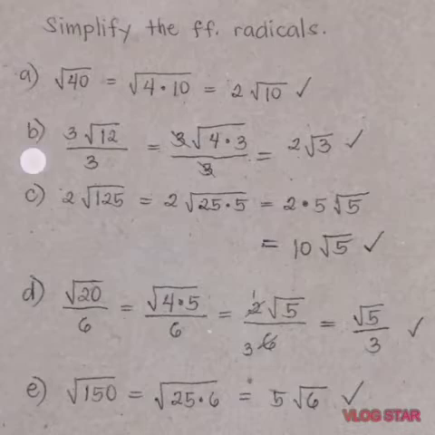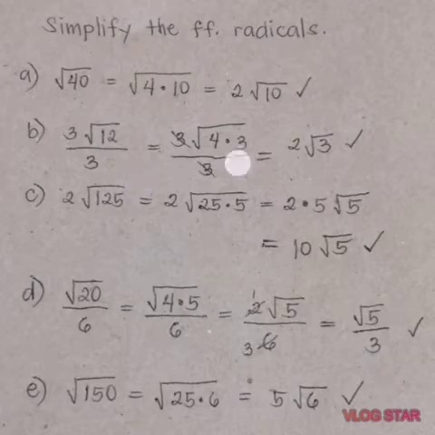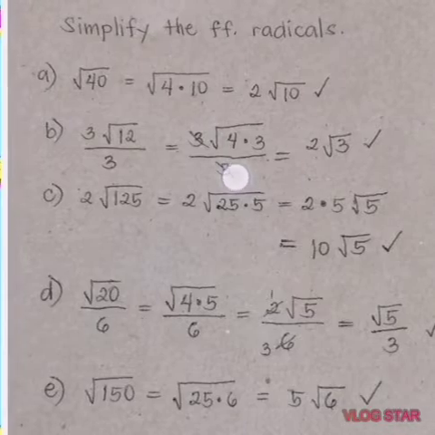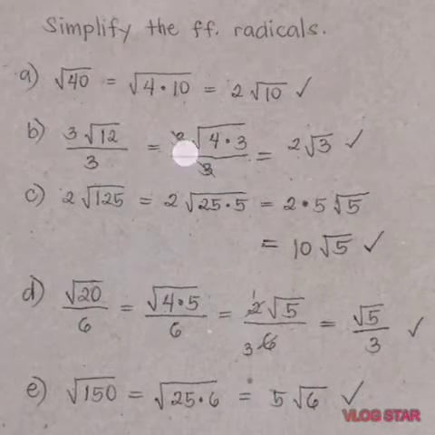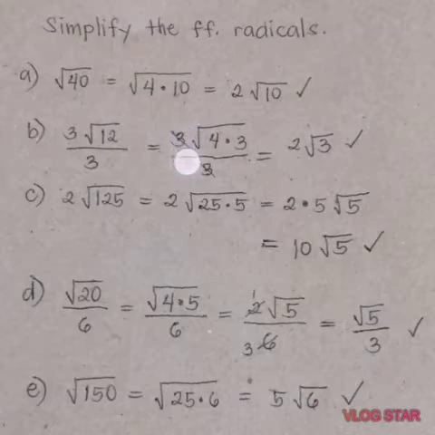Okay, next, letter B. 3 square root of 12 over 3. So here, we can cancel out 3 and 3, 3 over 3, because if we divide 3 and 3, it is 1. And you are not supposed to write 1 before the radical sign because that is automatically 1. And then, square root of 12, the factors are 4 and 3.